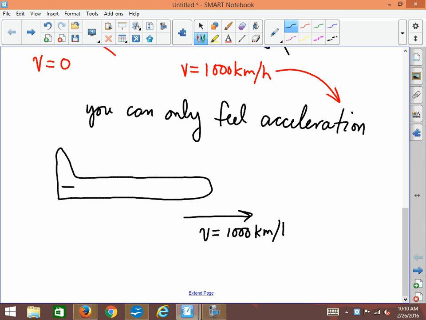So let's say it's going 1,000 kilometers an hour. That's pretty darn fast. And here you are sitting in seat J3, and you're just sitting there, enjoying the flight. And if you don't look out the window, and the plane is going along nice and smooth, you close your eyes, you wouldn't even know you were moving.